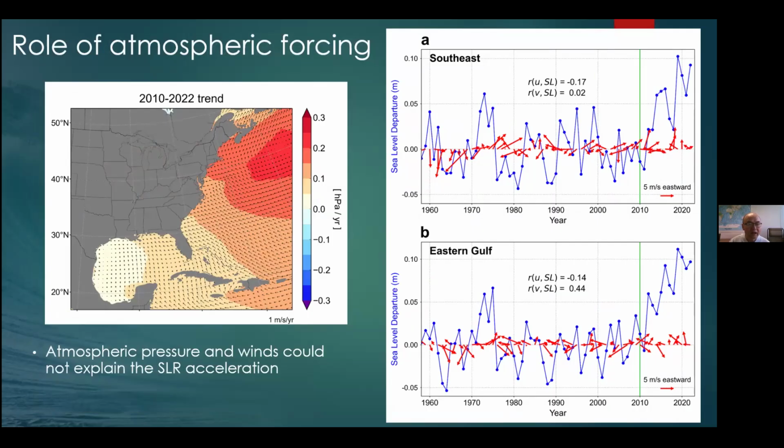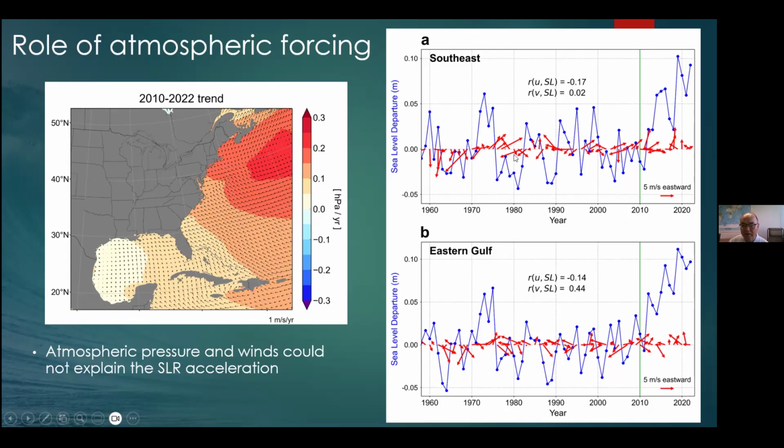So we also looked at the role of atmospheric forcing. The left panel shows the linear trend of sea level pressure over the 2010 to 2022 period. So this pattern could not explain the sea level rise acceleration for this period. And the right panel shows the role of the local wind.